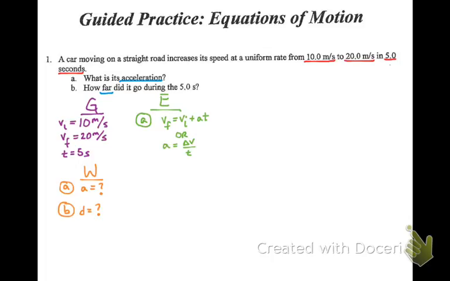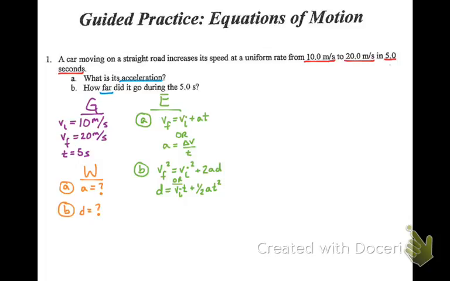For part B, well, you can use multiple different equations if you want to. You can use this equation here, VF squared equals VI squared plus 2AD. Or you could use my favorite equation, D equals VI T plus 1/2 AT squared.